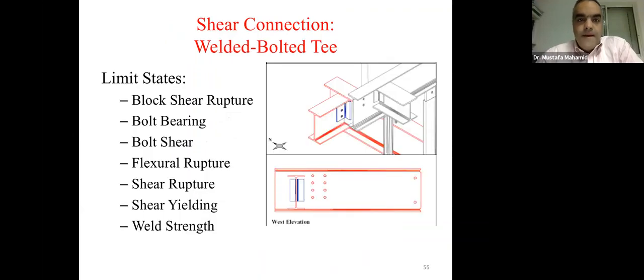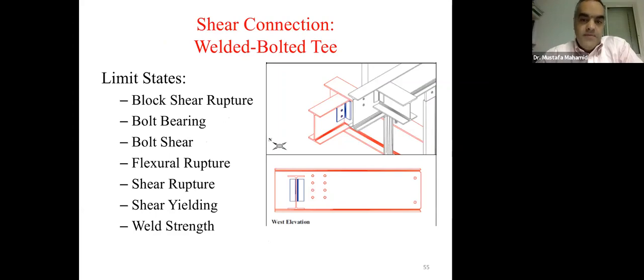Now, welded-bolted T connection. Here we have a T member that is connected to the beam web and also connected from both sides of the web to the supporting member. So instead of using double angle connection, you have a T connection.